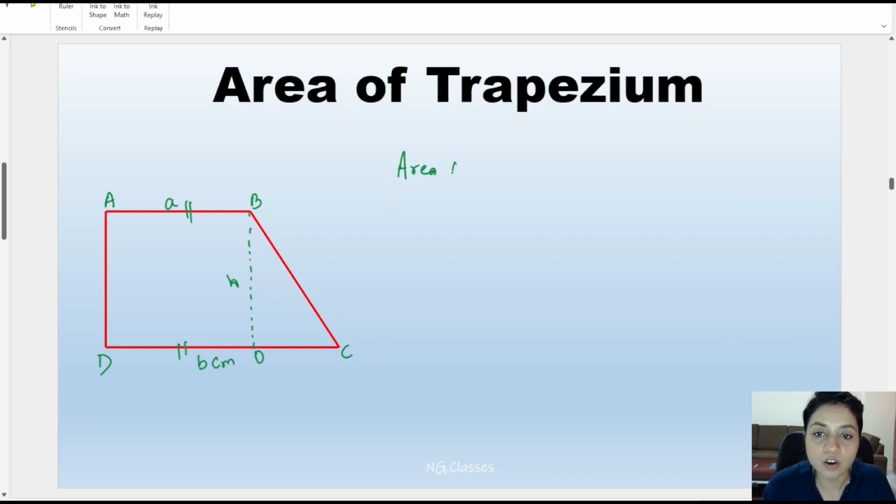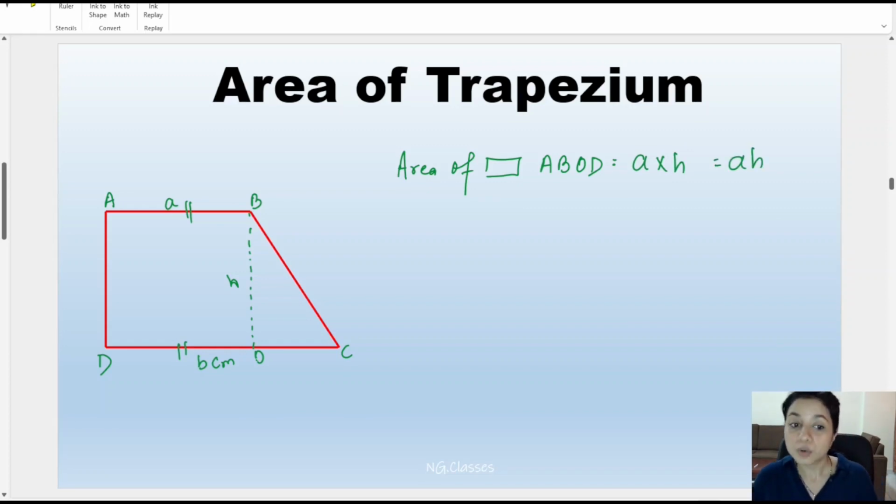The area of rectangle ABOD is equal to, here this rectangle is having length A and breadth H. So A times H, or we can also say AH, right? Please don't get confused with this B centimeter, because here the total CD is B centimeter.